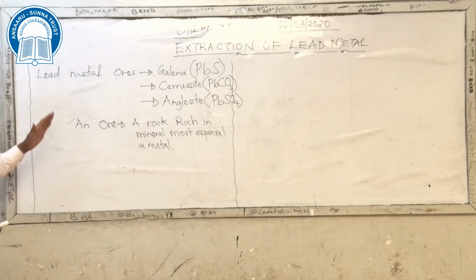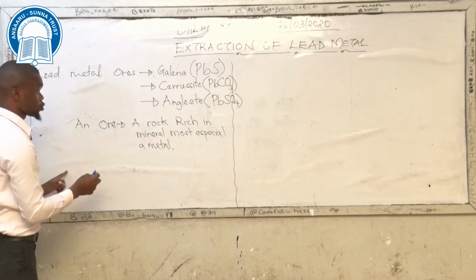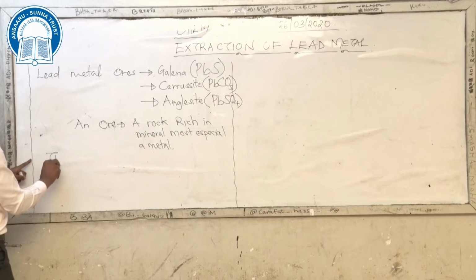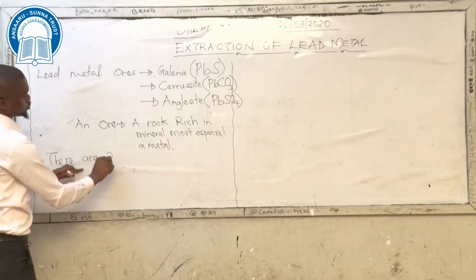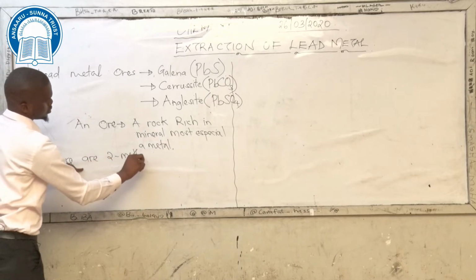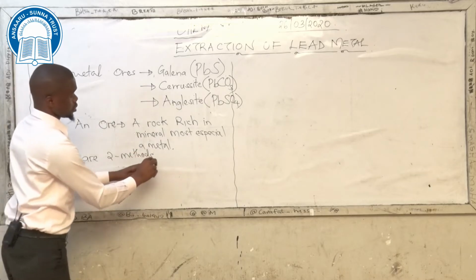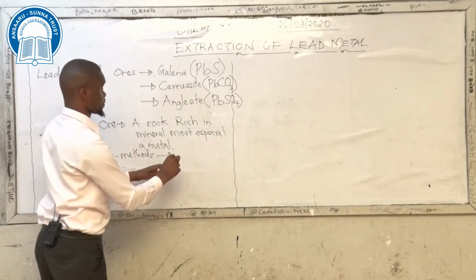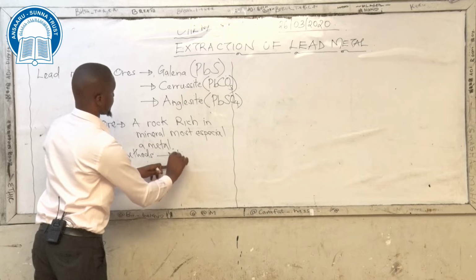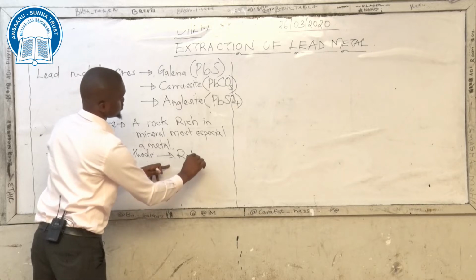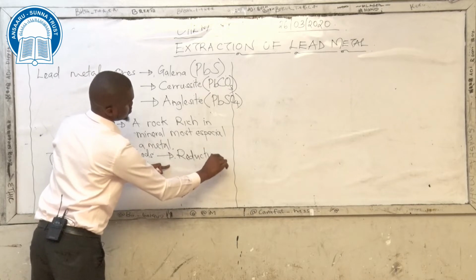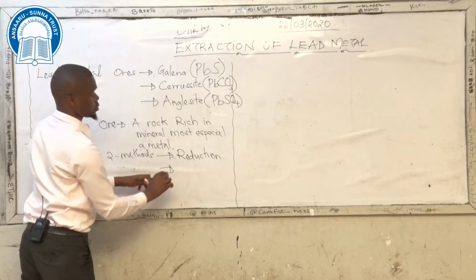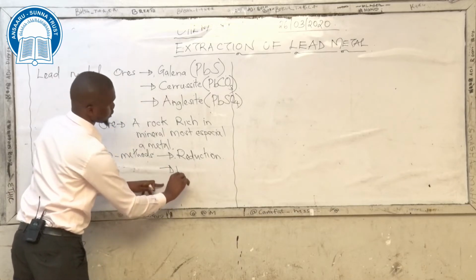The methods of extraction of metals, as we have discussed earlier, are two methods, namely reduction method and electrolytic method.